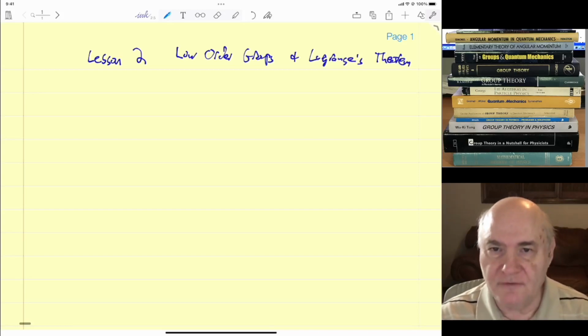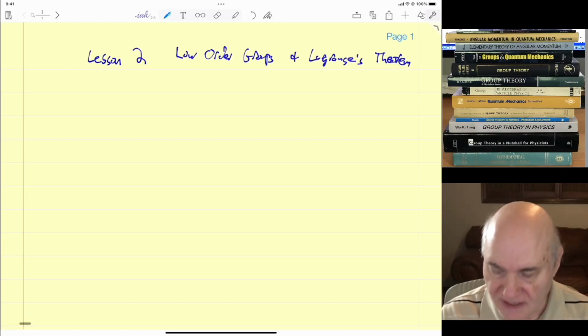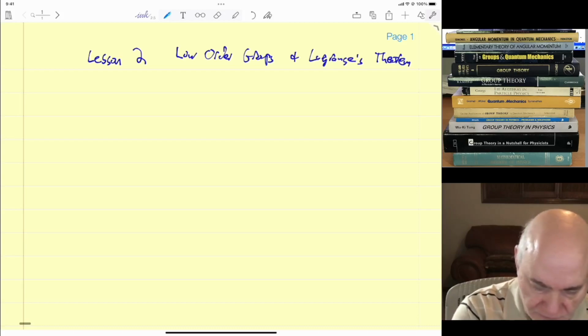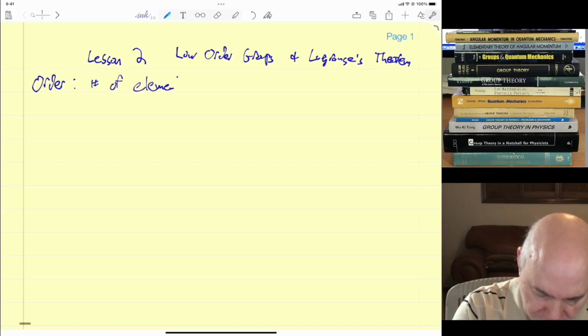And along the way I'll introduce some terminology and some other stuff. I already used one word. I think I defined it last time. Order: this is the number of elements in a finite group.